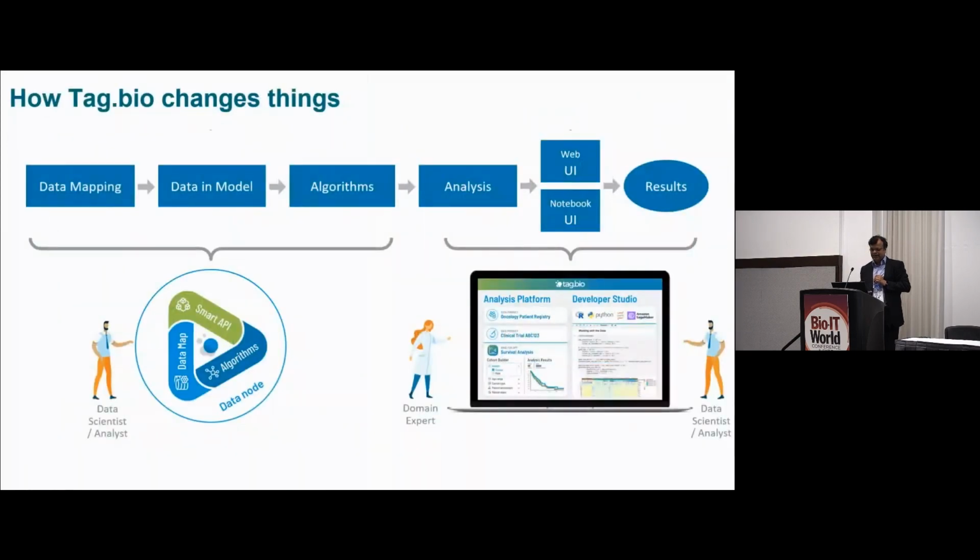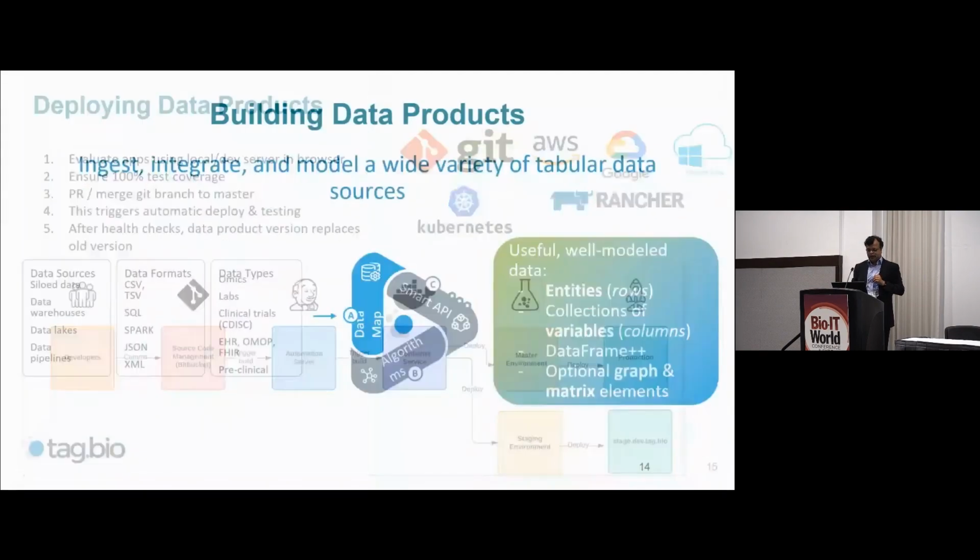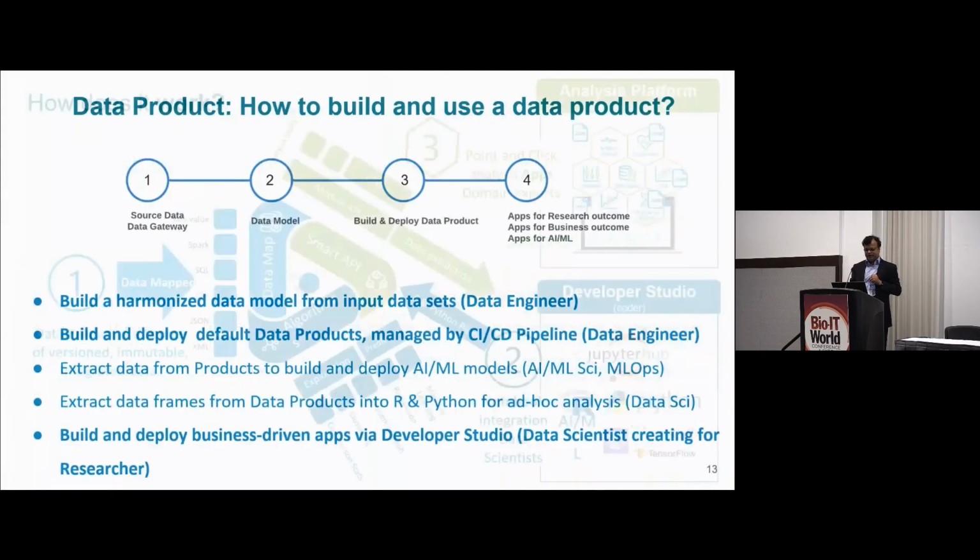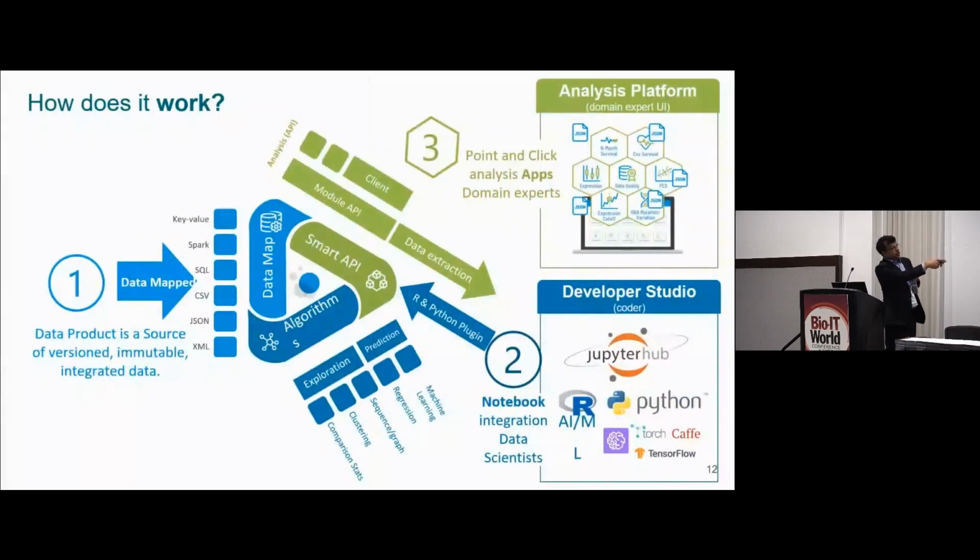Almost there. So when we say data product, it has a data mapping layer, data model, and the algorithms. So in this one, it's more clear here. Those are the 3 layers we use, and that's the unit of a data product.